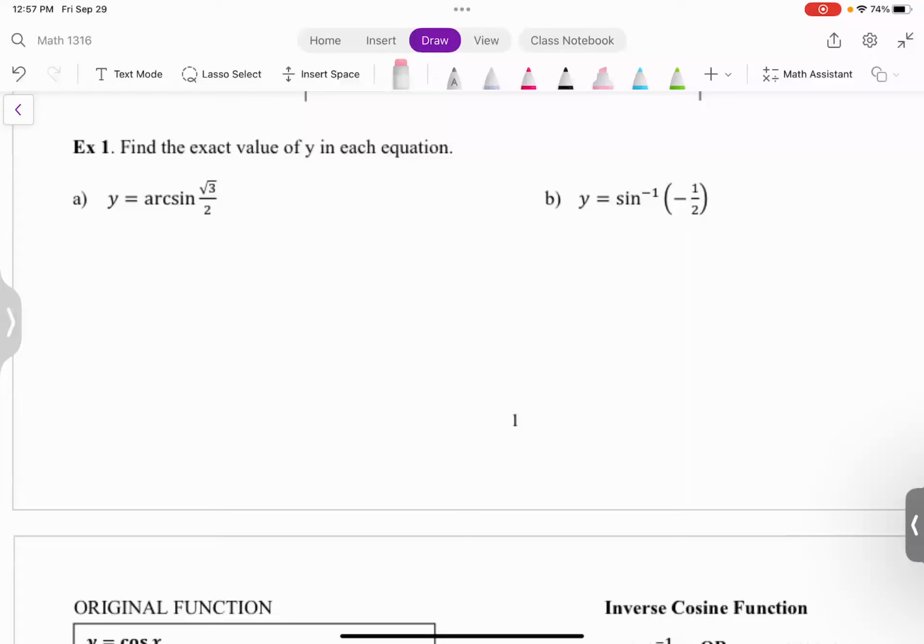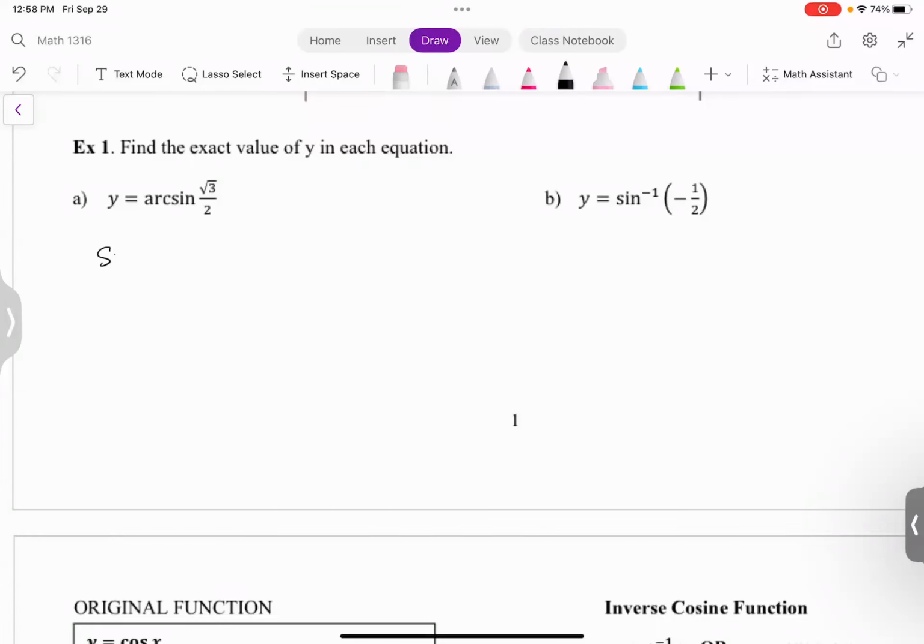Remember that the inverse of all trig functions represents the angle, so theta, beta, or alpha. That's the angle. So how do we solve for y? I will convert it from the inverse of sine to the sine function.